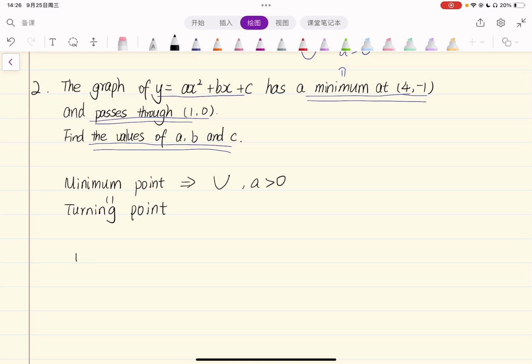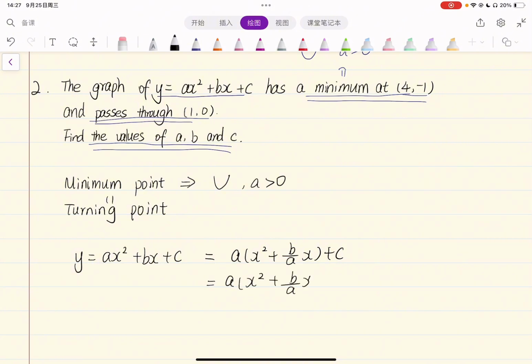So we have y equals ax squared plus bx plus c. And we do the completing the square, that equals a times the bracket x squared plus b over a x, plus c, equals a times the bracket x squared plus b over a x plus b over 2a squared, minus that bracket, plus c.